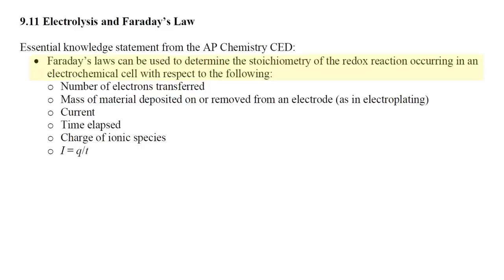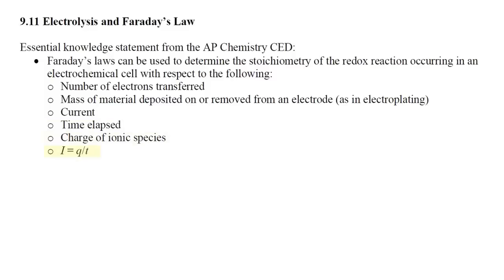Faraday's laws can be used to determine the stoichiometry of the redox reaction occurring in an electrochemical cell with respect to the following: the number of electrons transferred, the mass of material deposited on or removed from an electrode, as in electroplating, the current, the time elapsed, the charge of ionic species, and then this last equation, I equals Q divided by t.